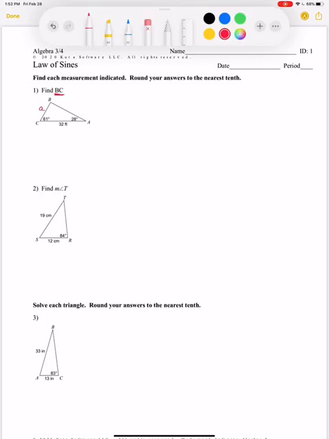Here's side A, this is side C, and this is side B. Okay, just so we're aware. So in our example here, BC means find a little a. Okay, so we're going to find little a.